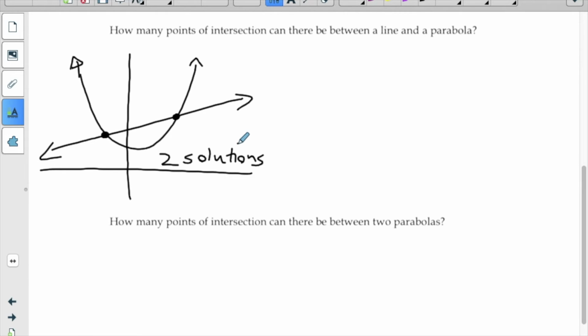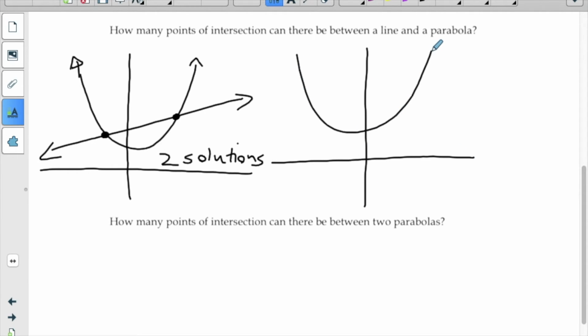Okay, so I think you guys all know what it would look like, but essentially it doesn't just have to be at the vertex, it can only touch like that. Does that make sense? It doesn't have to be at the bottom or through the middle, it can just touch the parabola at one point. Okay, so it may only intersect at one point.